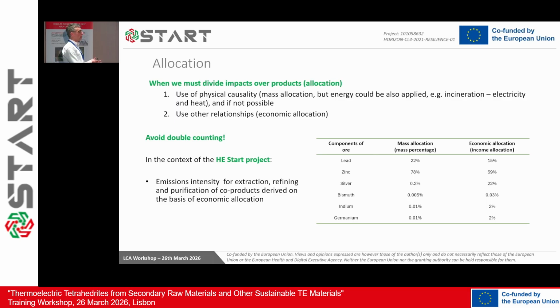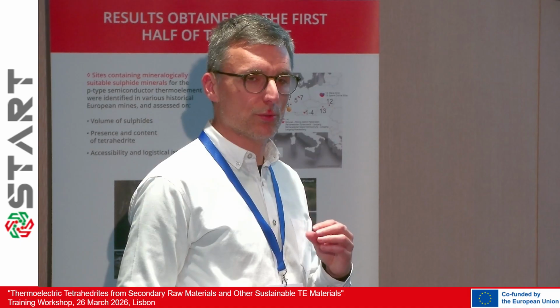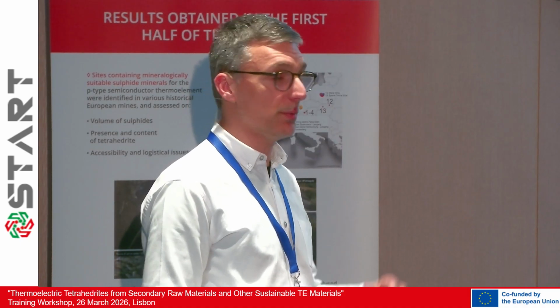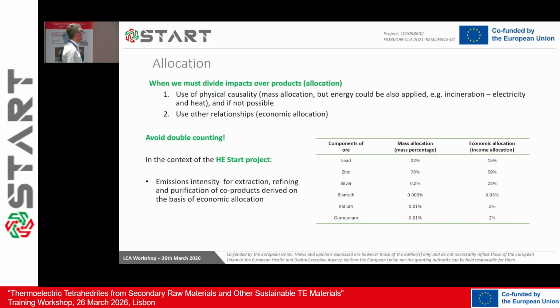So the driver of that environmental impact will be mostly associated with that material, and the other one probably could be waste. And so in this case, it would also be a good option to use the allocation based on the economic weight.